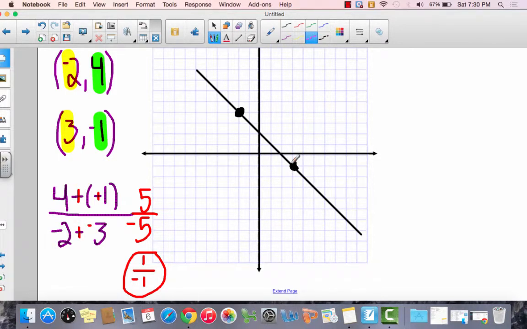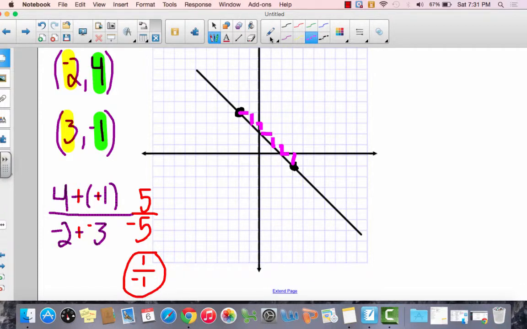Which means if I go up 1 and over 1, I should make it to the next point on my line. Up 1, over 1, so on and so forth. And you'll see that if I follow those steps, I get to the next point on my line, which means that I did all of my calculations correctly.